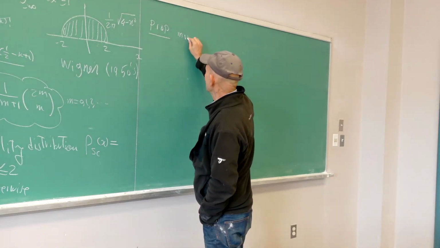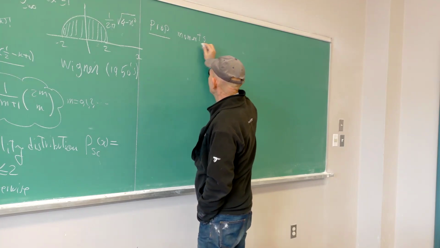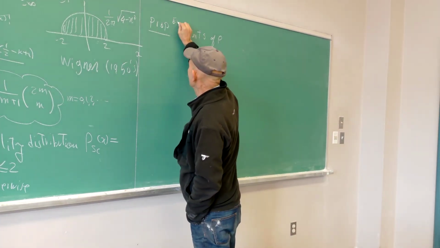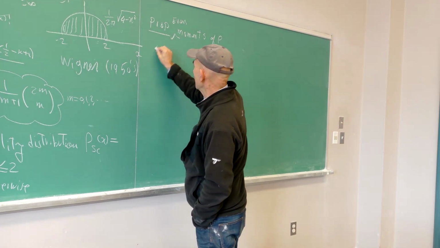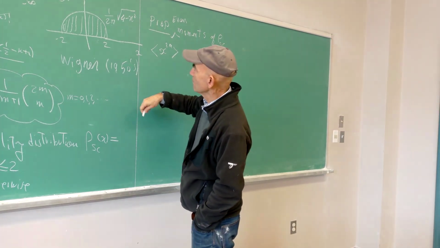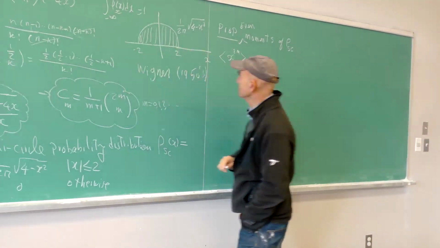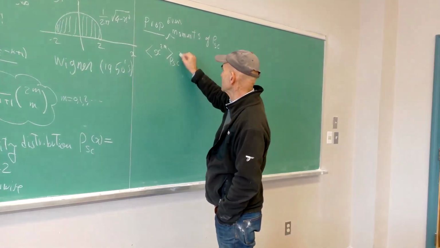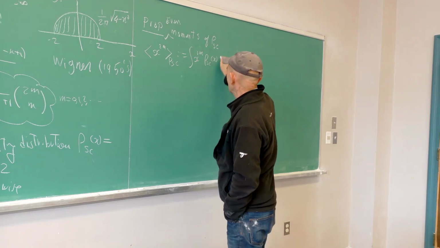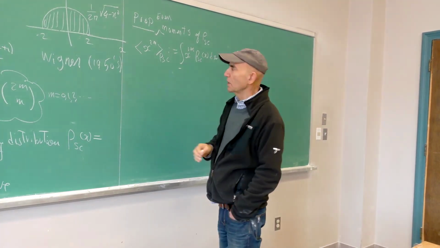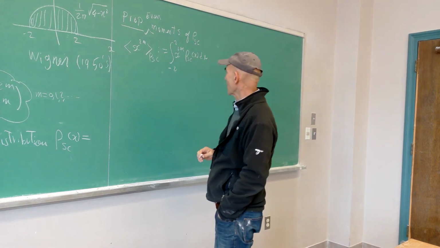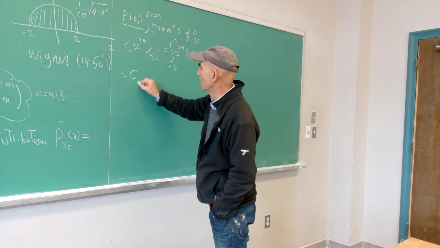So the moments, I should say even moments, of rho semicircle, which is by definition equal to the integral of x to the m, rho semicircle of x dx, is going to be just from -2 to 2 because the rest is 0. This is equal to C_m.